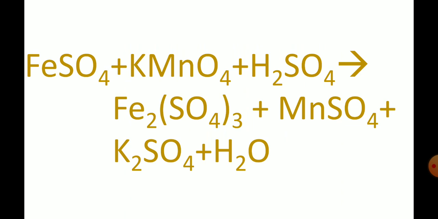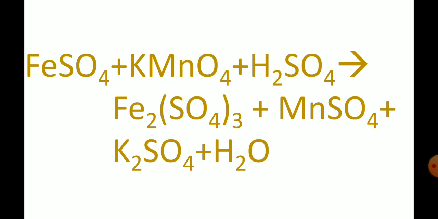Look here students, you are given a chemical equation. Read it: FeSO4 ferrous sulfate reacting with potassium permanganate KMnO4, also with sulfuric acid H2SO4, and we get the products ferric sulfate Fe2(SO4)3 plus manganese sulfate MnSO4 plus potassium sulfate K2SO4, also a molecule of water which is H2O.